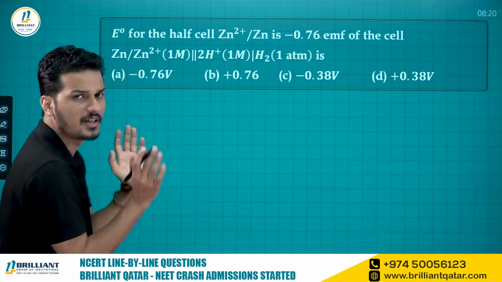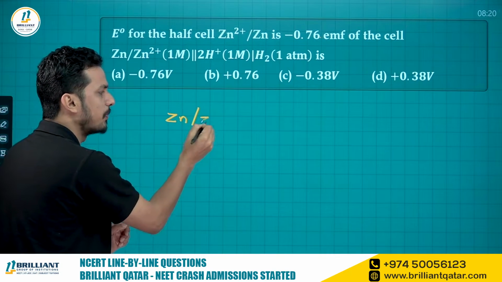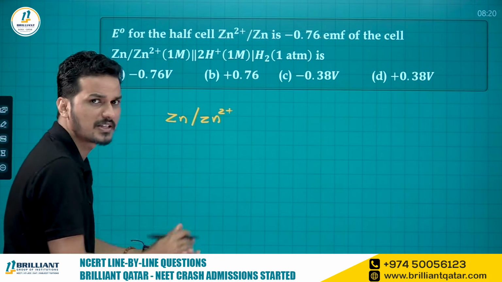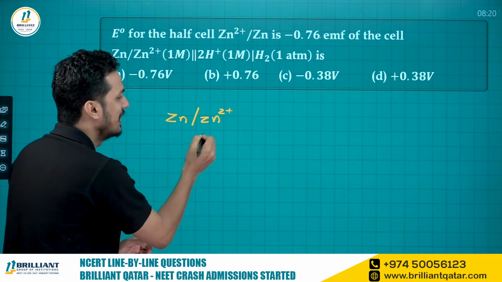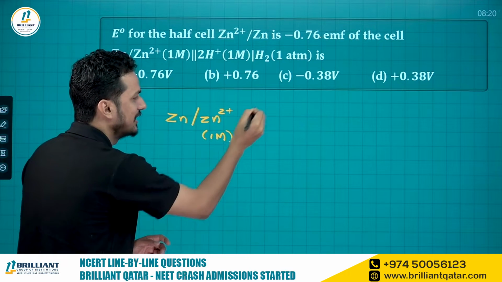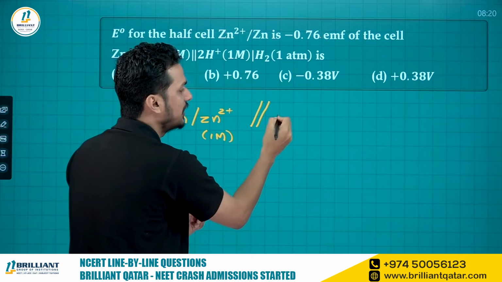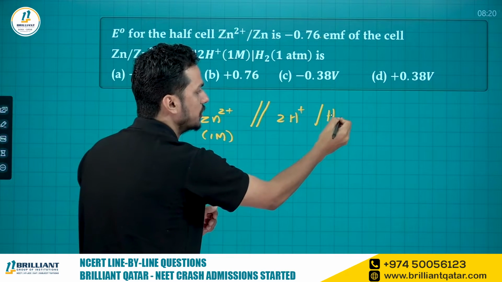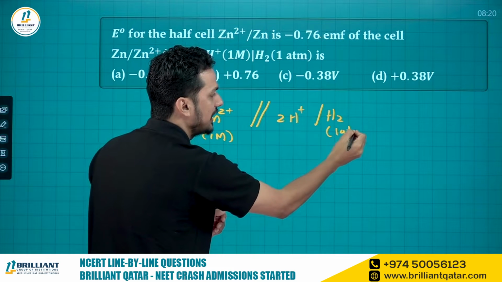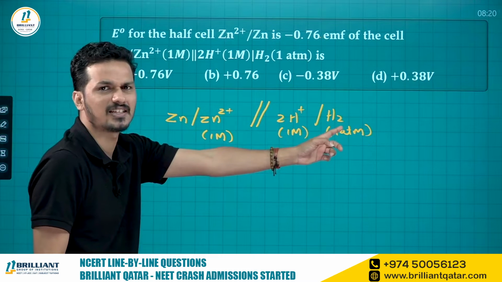Here, zinc bar zinc 2 plus is 1 molar, then the double slash represents the salt bridge. Then after that again 2H plus becomes H2. This H2 is in 1 atm and this one is in 1 molar. So this actually what?